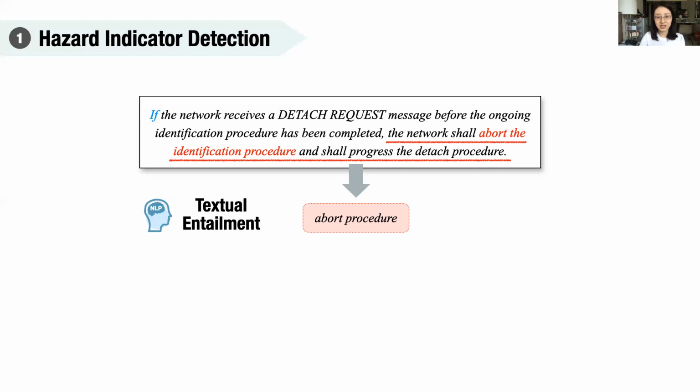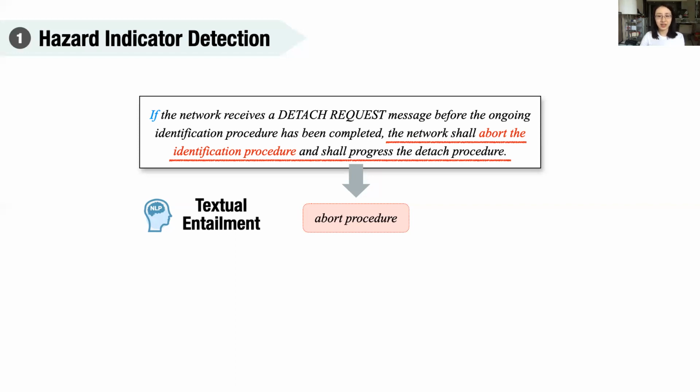So no matter if the sentence syntax changes, such as changing to a procedure shall be aborted, or the sentence uses synonyms such as a terminated procedure, the textual entailment model always works. So given the risky operation abort procedure, we don't need to find its variations, and we can easily identify those sentences implying the risky operation using the NLP technique of textual entailment.